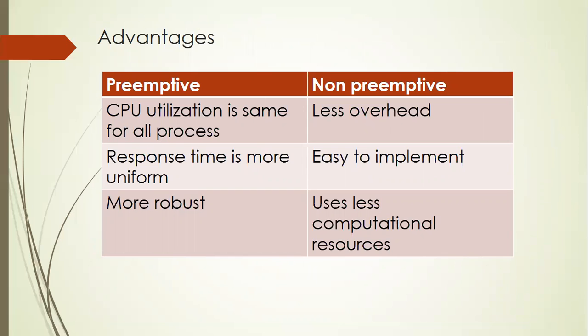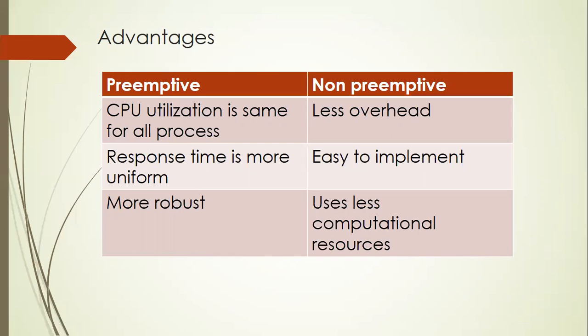In the case of preemptive, CPU utilization is the same for all processes, because once a process gets the CPU, it cannot hold it for a very long duration. After a time slice is over, the CPU automatically goes to the next process waiting in the ready queue, executes that process for some time quantum, and moves on to the next.